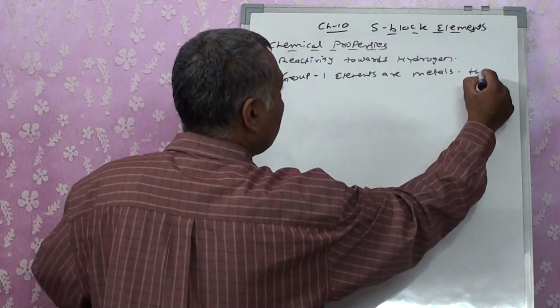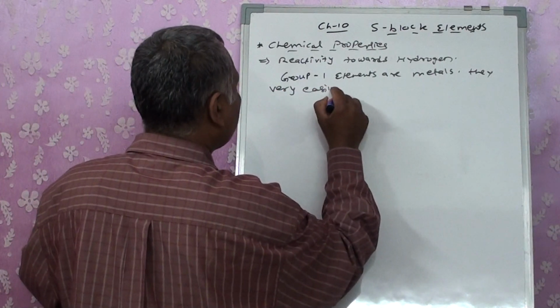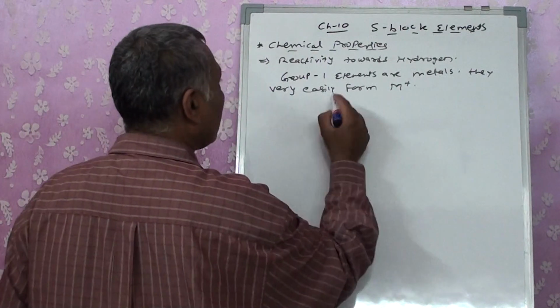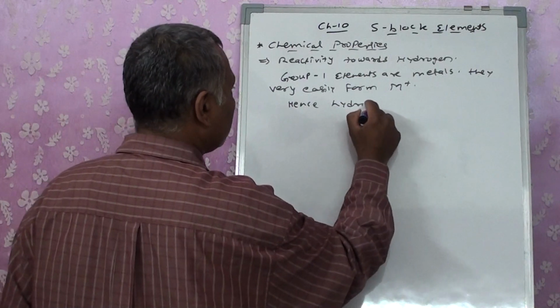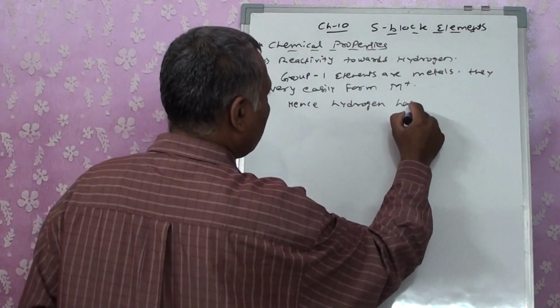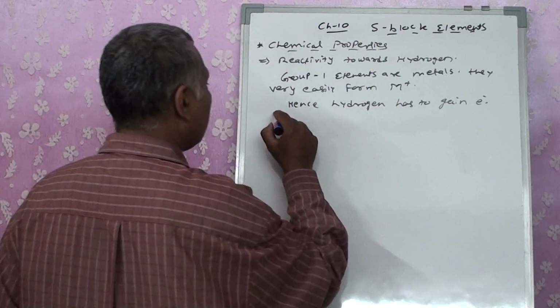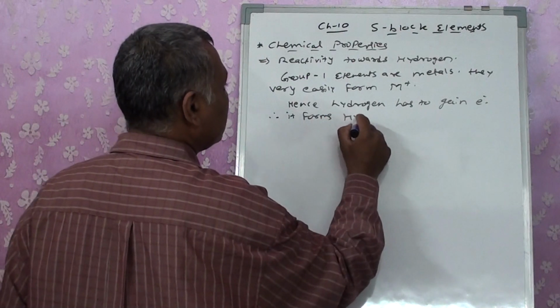They very easily form M+. Hence, hydrogen has to gain an electron. Therefore, it forms hydrides.